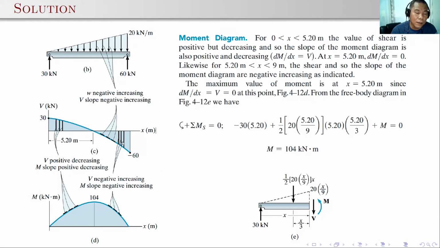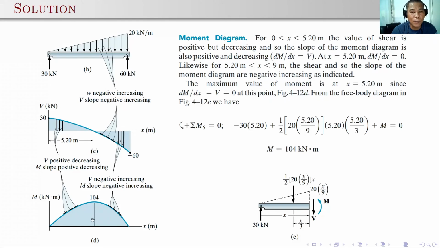And here at the right hand portion, the shear is negative increasing. This is negative, but it's increasing, so the slope should also be negative increasing, but for this one the moment is still positive. So for this distance from 5.2 to 9 meters, the shear and so the slope of the moment diagram are negative increasing.